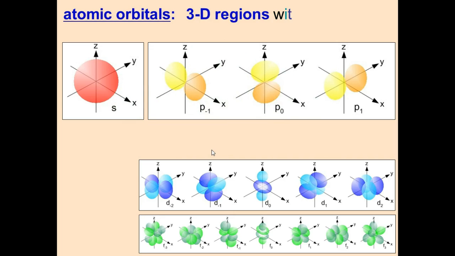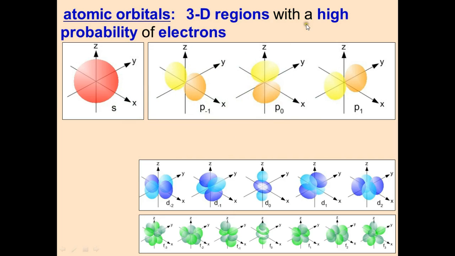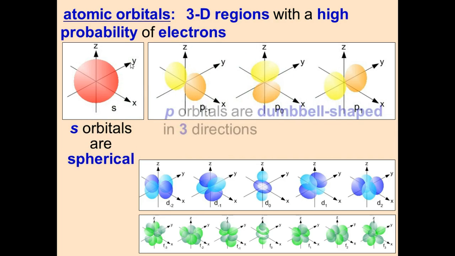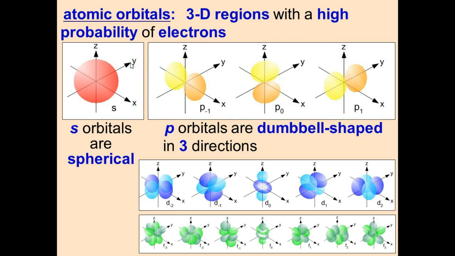And here are some atomic orbitals, or 3D regions with high probability of electrons, and there's four types. S orbitals are the first kind, and they're simplest. Then there's p orbitals, and then d orbitals, and f orbitals. And so simplest is s, which is just a sphere.